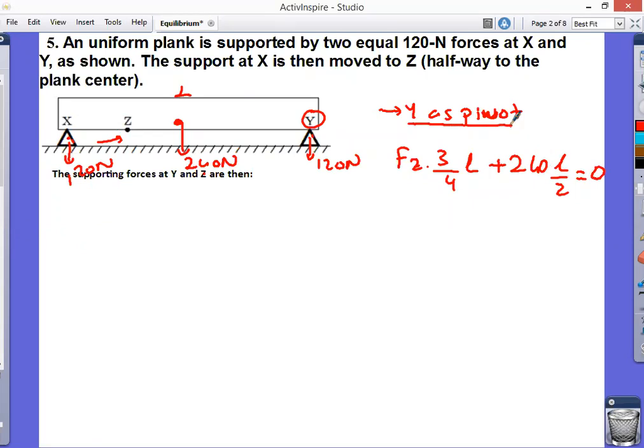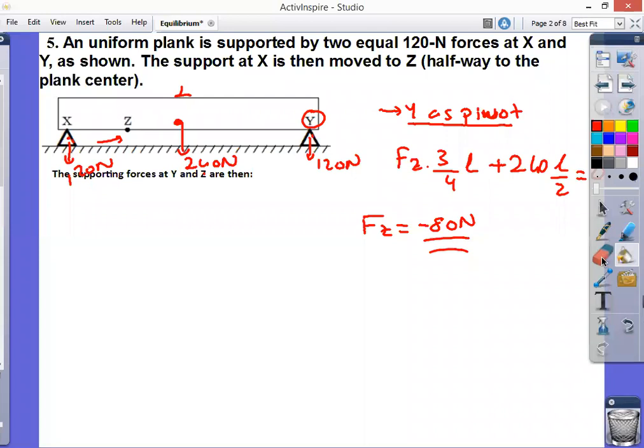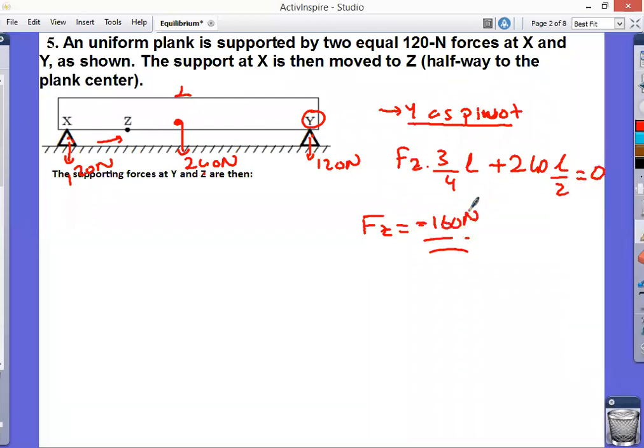So here, when you do the calculation, you're going to see that Fz will be negative 160 Newton. I just did that calculation. So negative 160 Newton. This is going to be the value of Z. What does this mean?